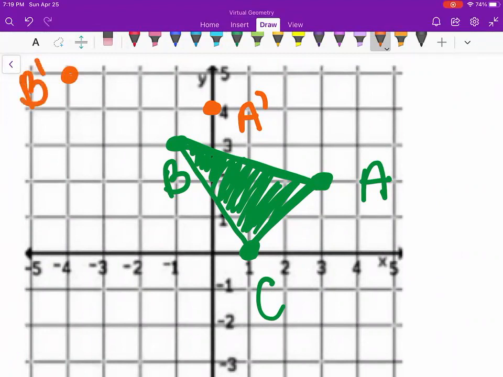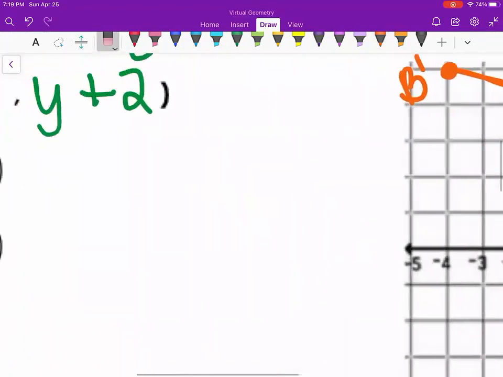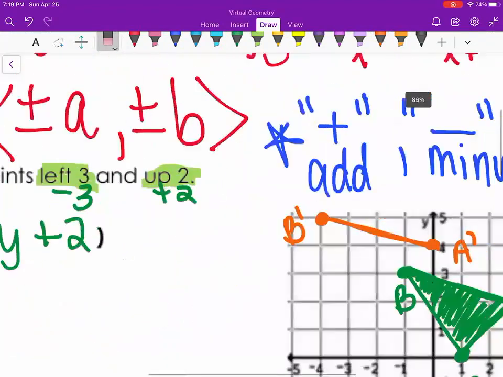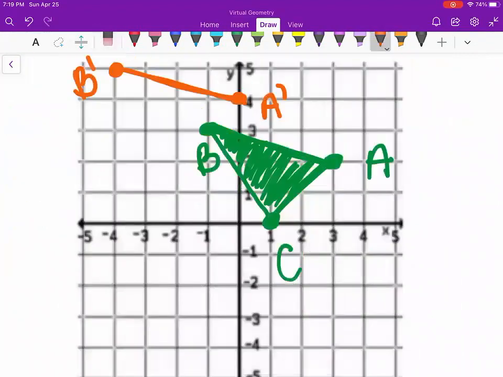So there is B prime. There's my first one. And then the last one, C, -2, 2. And there is our translated triangle.